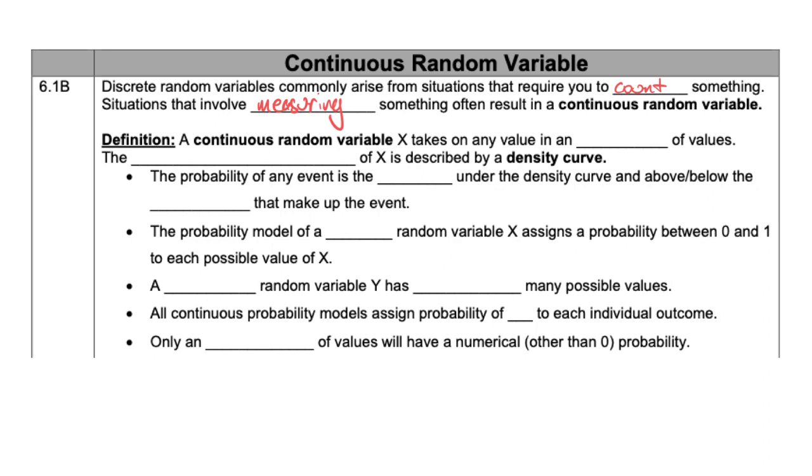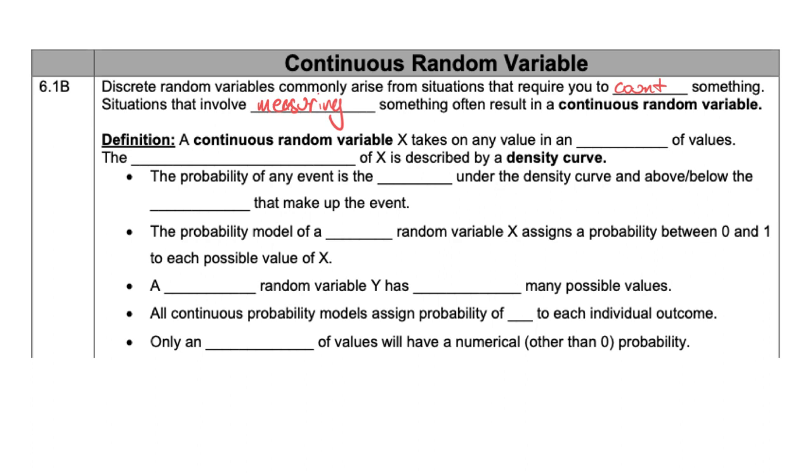So even weight, height, length, width, area, volume, while in reality we measure these things and we can argue they're discrete, okay? I'm thinking already if some of you are saying, well, these are discrete too. We treat them as continuous, because it's too many to list. Think about it.